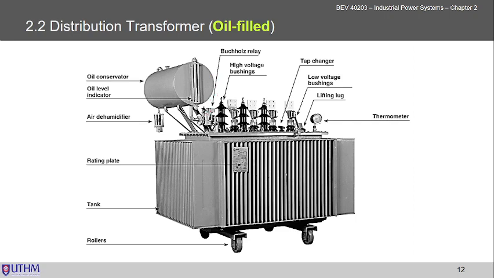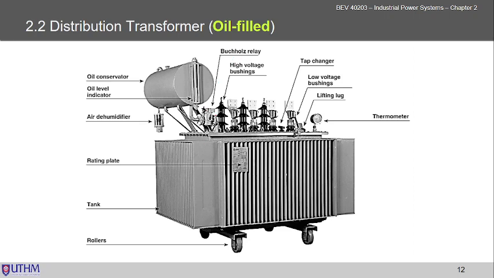Basically in the Buchholz relay there are two sides. If overload, it will switch to the overload protection, and if a short circuit, let's say a single phase to ground fault happens, it will shift to the short circuit operation. So that is the so-called Buchholz relay.